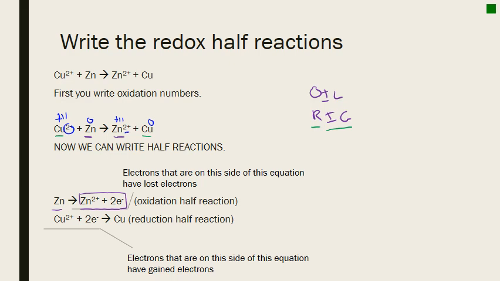So the Cu2+ must have gained electrons, and how many electrons? 2, because Cu2+ became 0. So Cu2+ plus 2 electrons equals Cu. So the electrons written on this side of the equation is the gain of electrons.